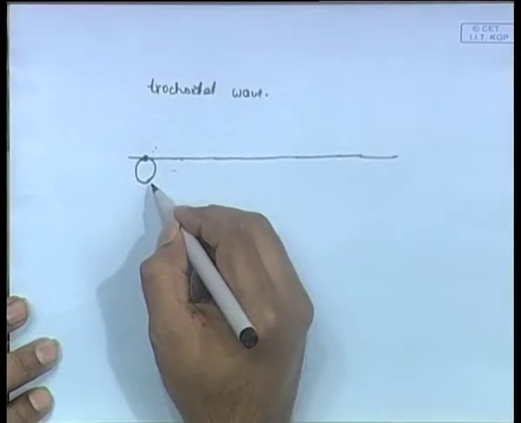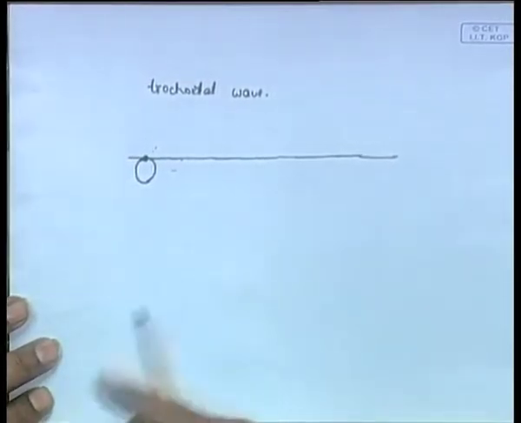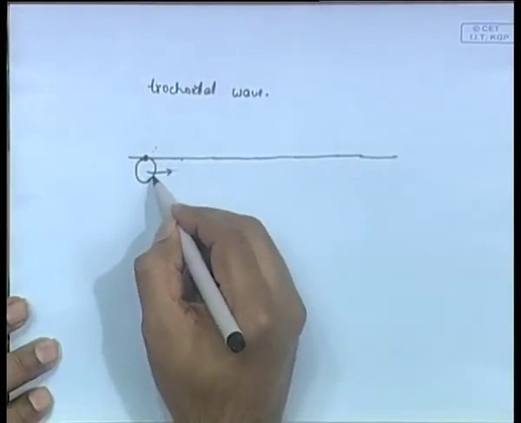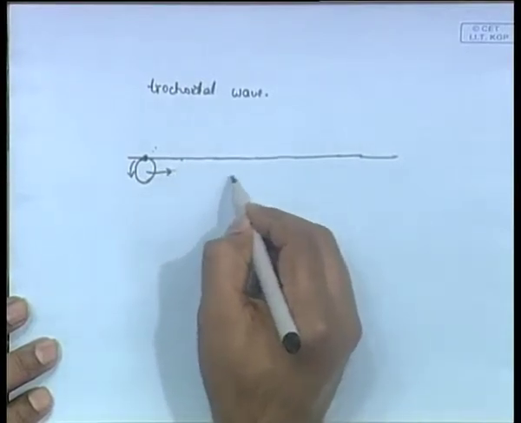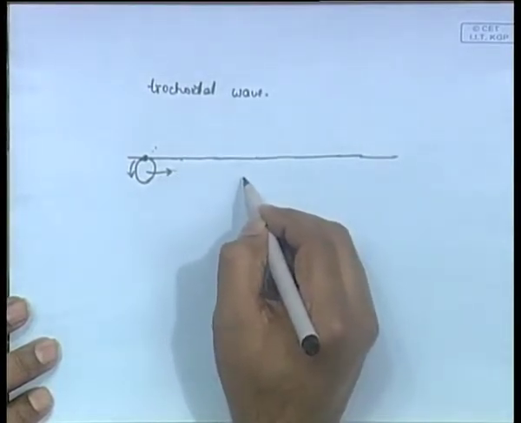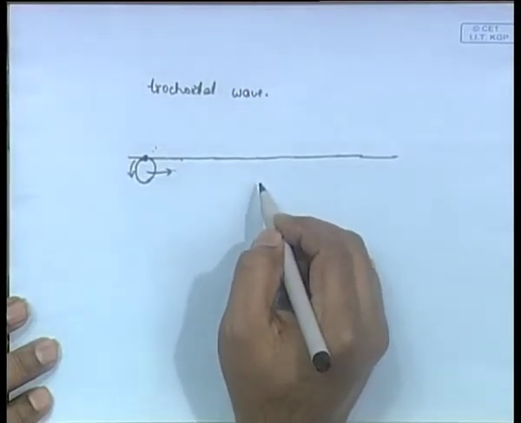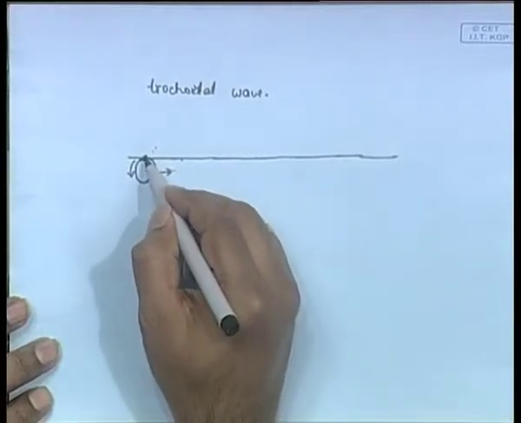It is like you are considering a ground and a ring rotating on the ground, just rolling like this. It is rotating and it is moving in this longitudinal direction along the underside of the straight line, and when this happens, the trajectory of this particle traces out a path.